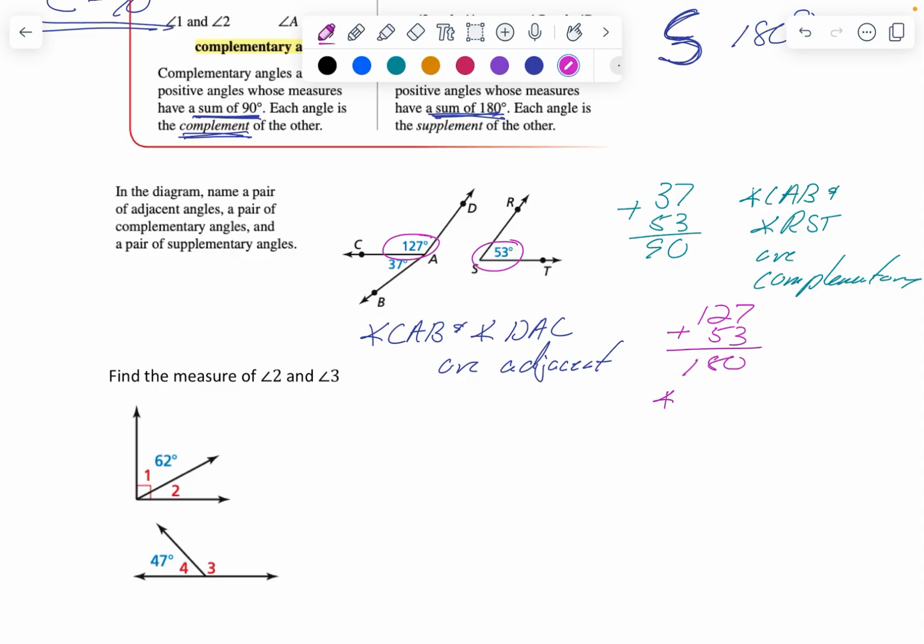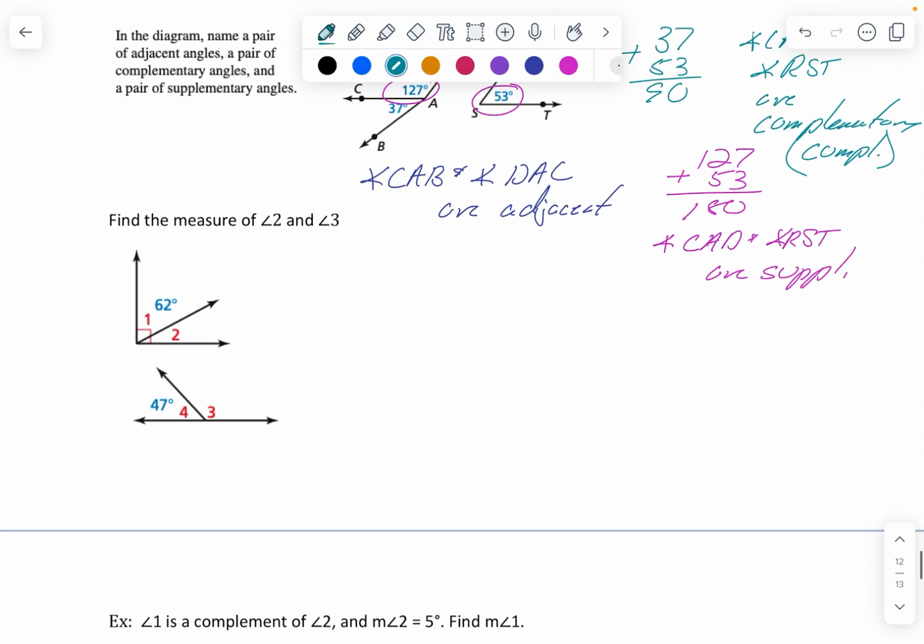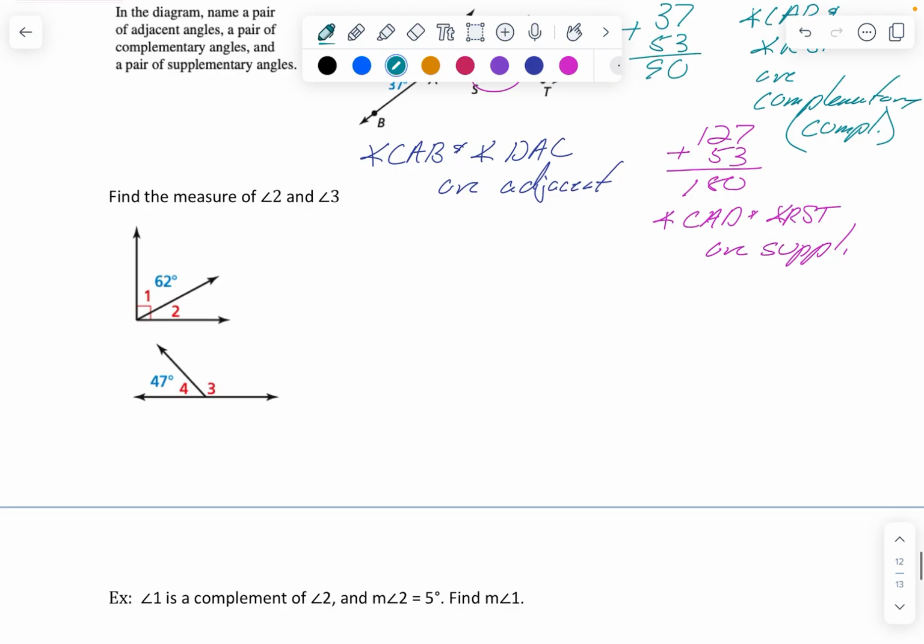So angle CAD and angle RST are supplementary. If you want to abbreviate, you could say SUPPL, or here you could say COM for complementary. We can abbreviate a little bit. Okay, so we've identified adjacent, complementary, and supplementary angles.